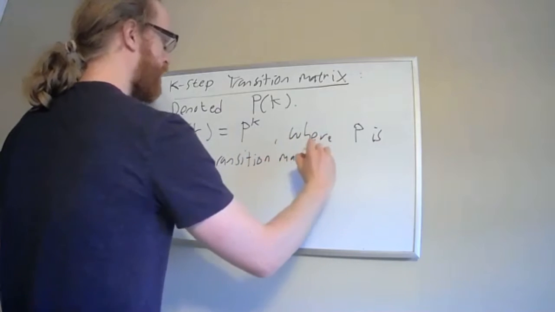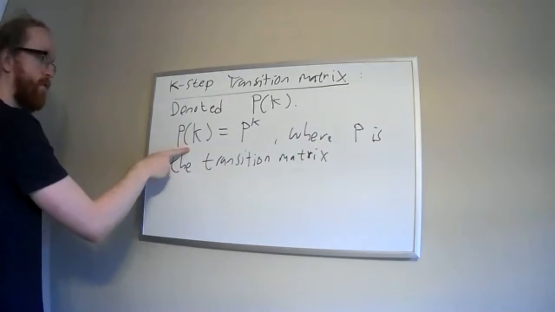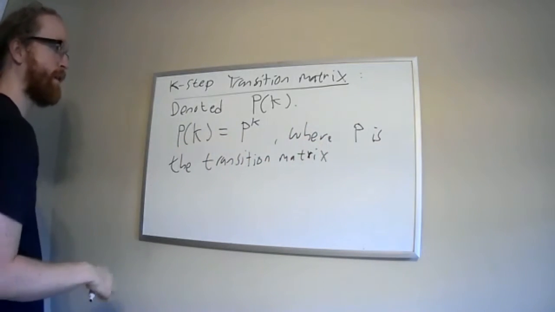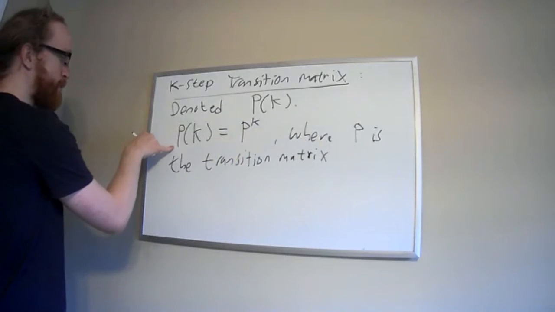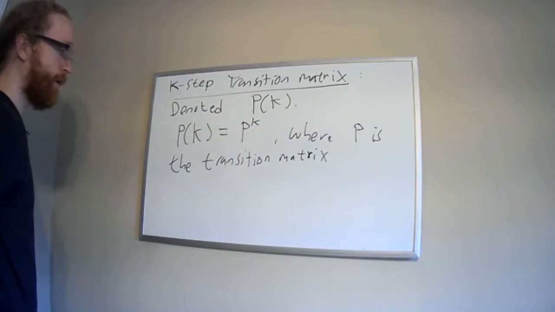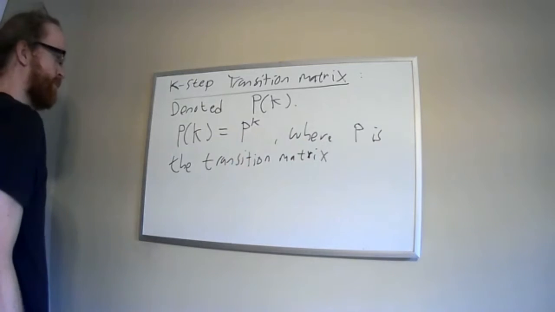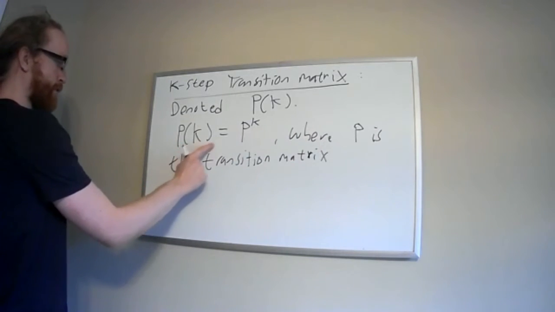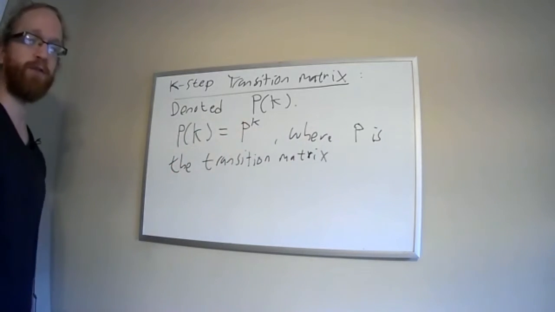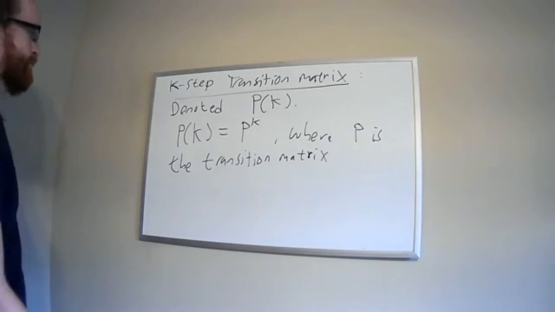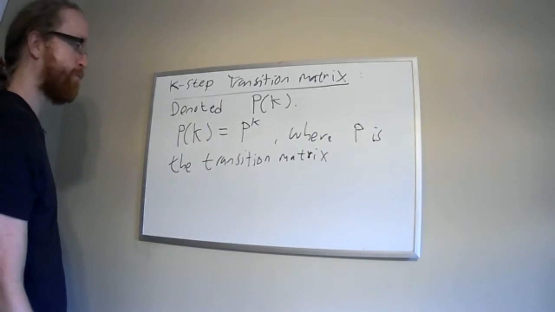I don't know exactly why we use this funky notation instead of just writing P to the K power, but your book and your assignments will use this notation, so I will too, just to be consistent with you guys. So when I say P of K like this, I just mean take the transition matrix to the Kth power. So take K copies of P and multiply them all together.